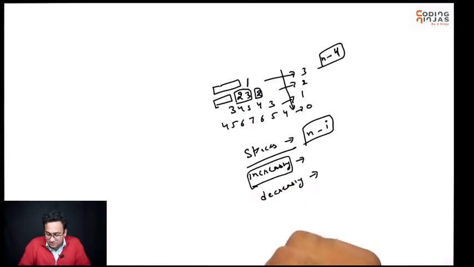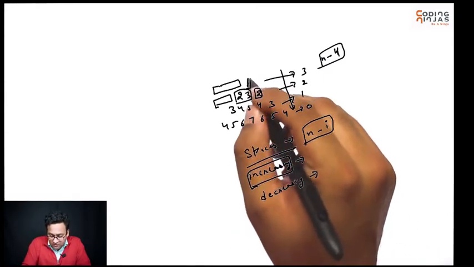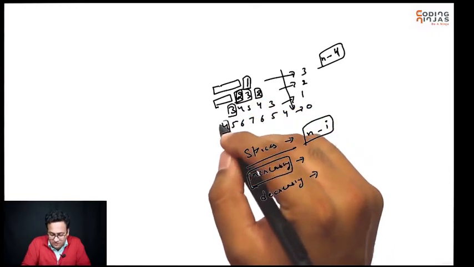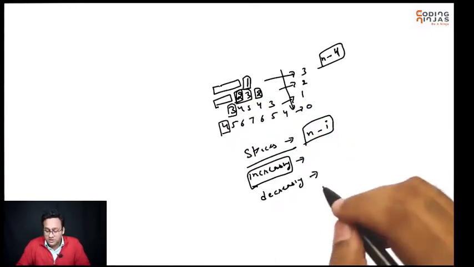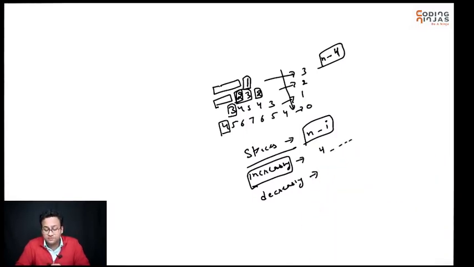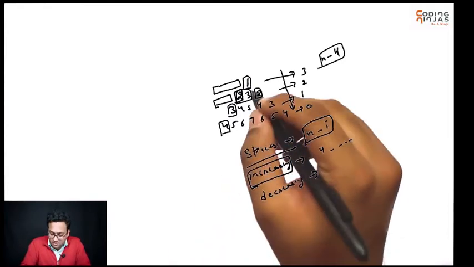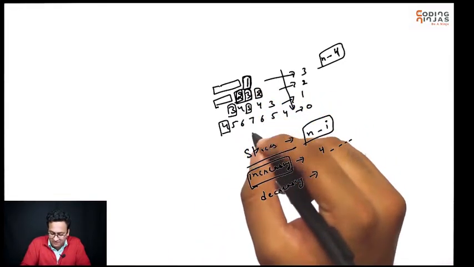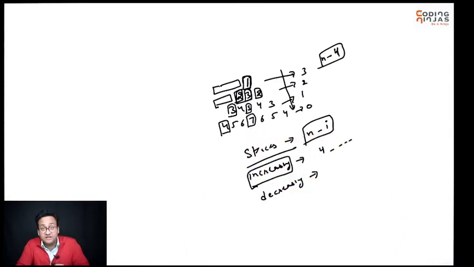Increasing. So the first row starts from 1, second row starts from 2, the third row starts from 3, the fourth row starts from 4. And we need to go till, in the first row 1, second row 3, third row 5, fourth row 7.